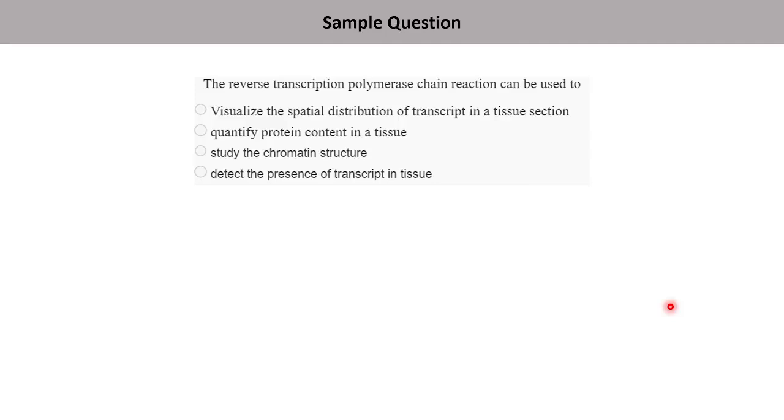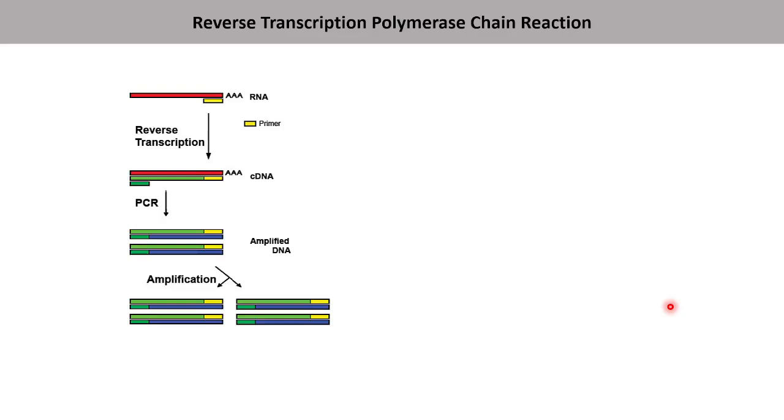Okay, so moving ahead to answer this question, let's first understand about reverse transcription polymerase chain reaction, also called RT-PCR. If we break the words, polymerase chain reaction is nothing but a type of PCR, the normal PCR, where it is done in three steps, basically denaturation, annealing, and extension. Similar kinds of steps happen in this reaction.